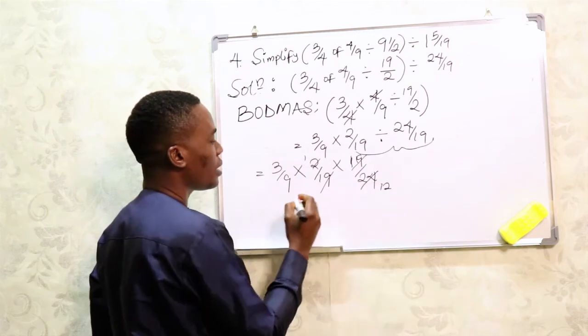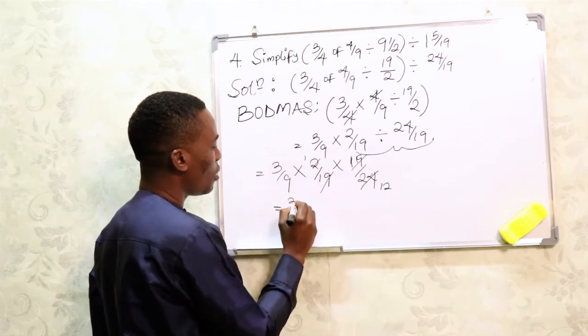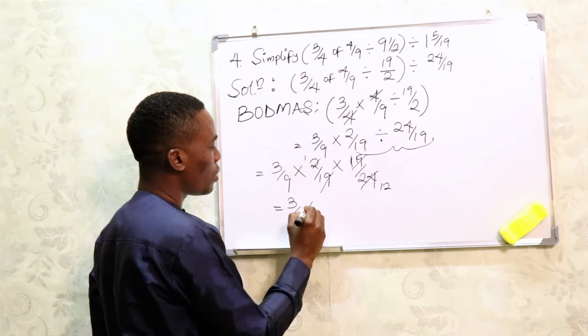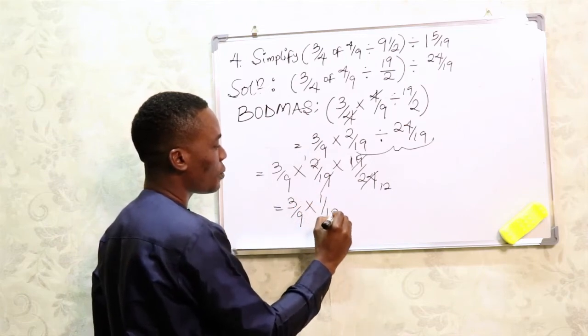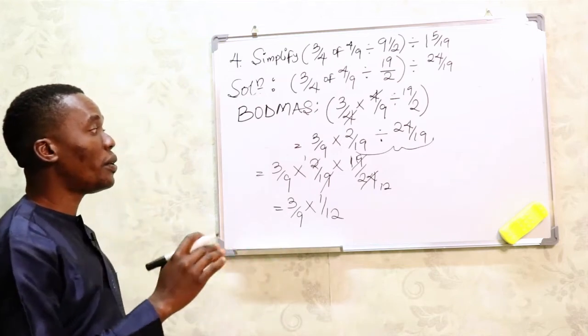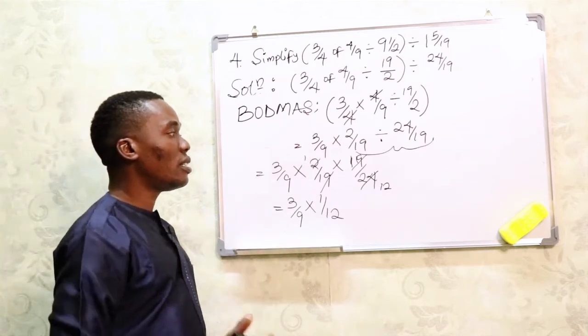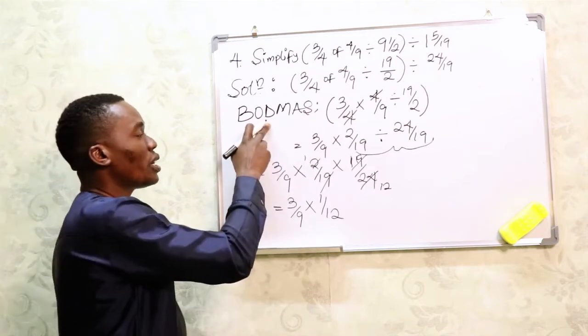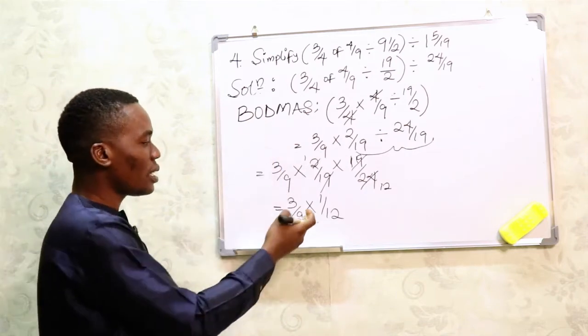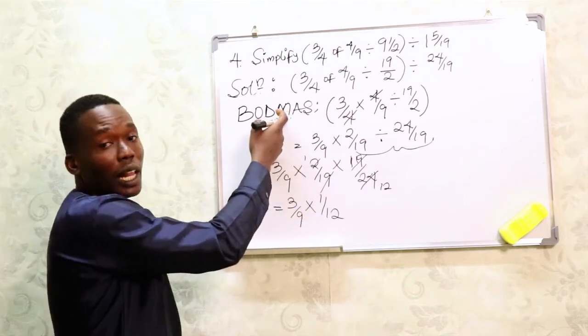So what do we have finally? We will have 3 over 9 multiplied by 1 over 12. Now you see, gradually we are breaking the fractions into smaller fractions using the BODMAS. Finally, we are left with multiplication, which is the last sign.